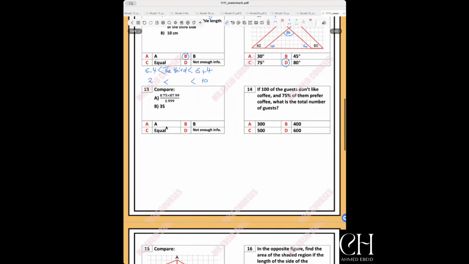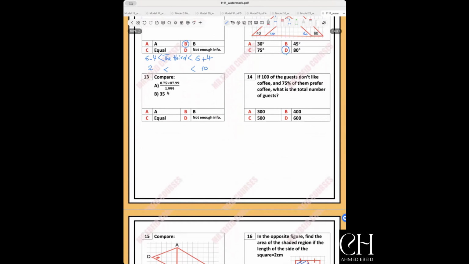Question 13. Compare A, 0.75 times 87.99 over 1.999, and B, which is 35. For A, you have 0.75, which is 3/4, times 87.99, which you can round to 88.